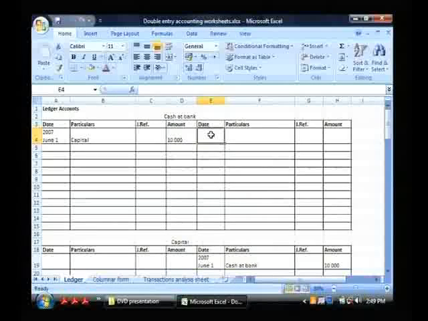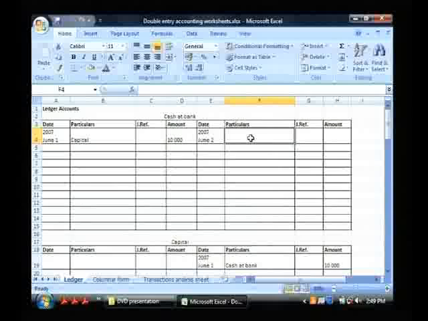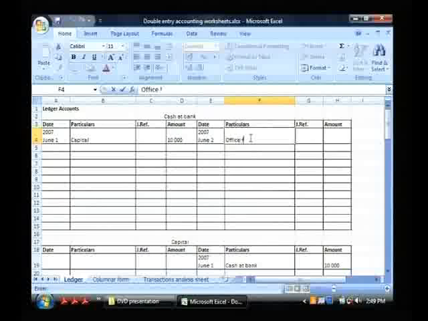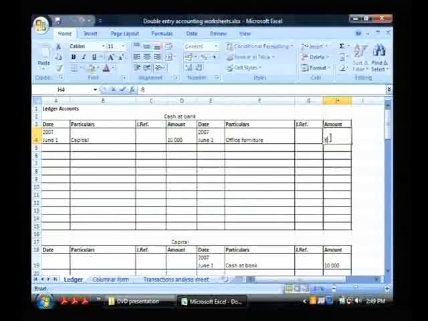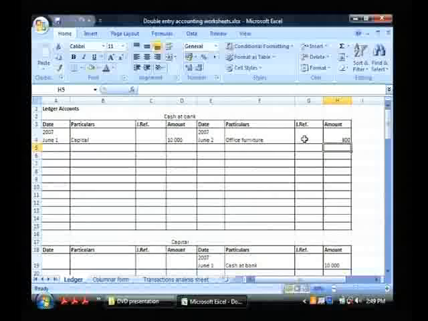In the credit side, no date, therefore write the date first. June 2nd. Cash at bank credit, and the debit entry is in the office furniture account, and record 800 in the amount column.